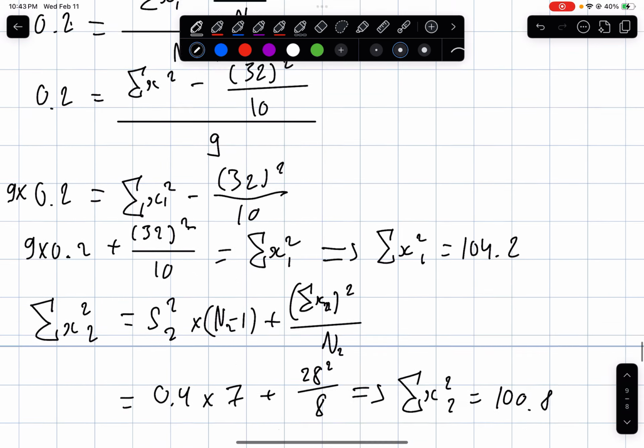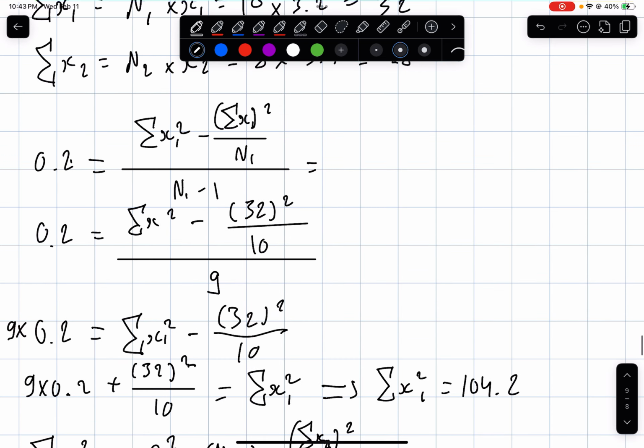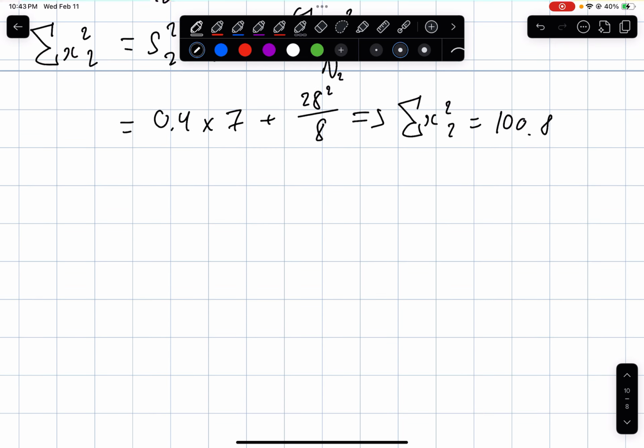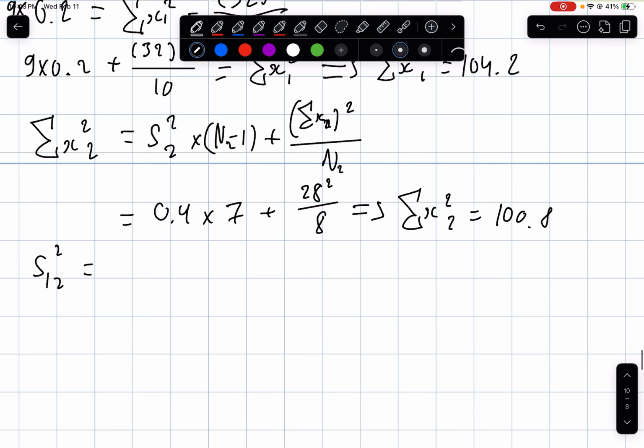Now we basically have all the elements that we need, and we can go ahead and calculate our combined sample variance. We're going to denote this by sample variance 1 and 2. The formula is the same thing, just with everything combined.